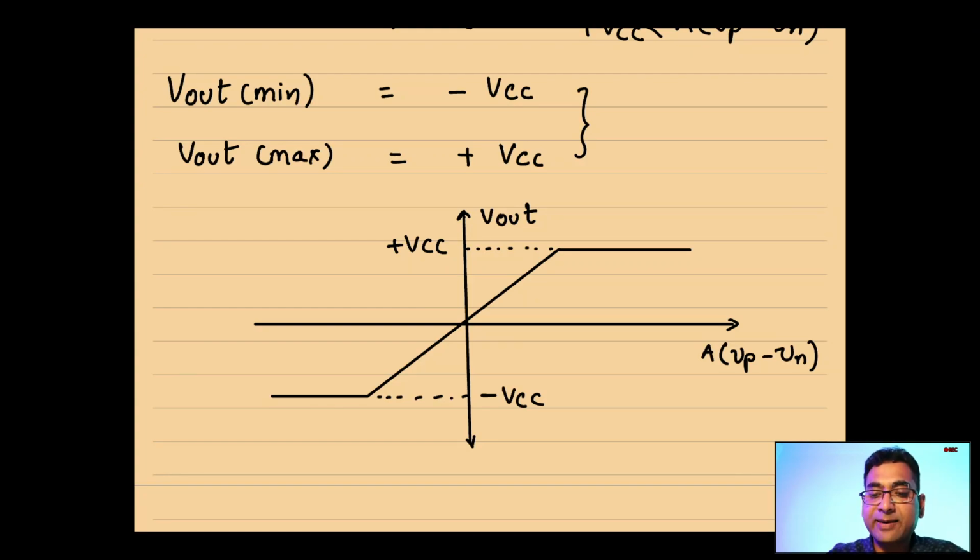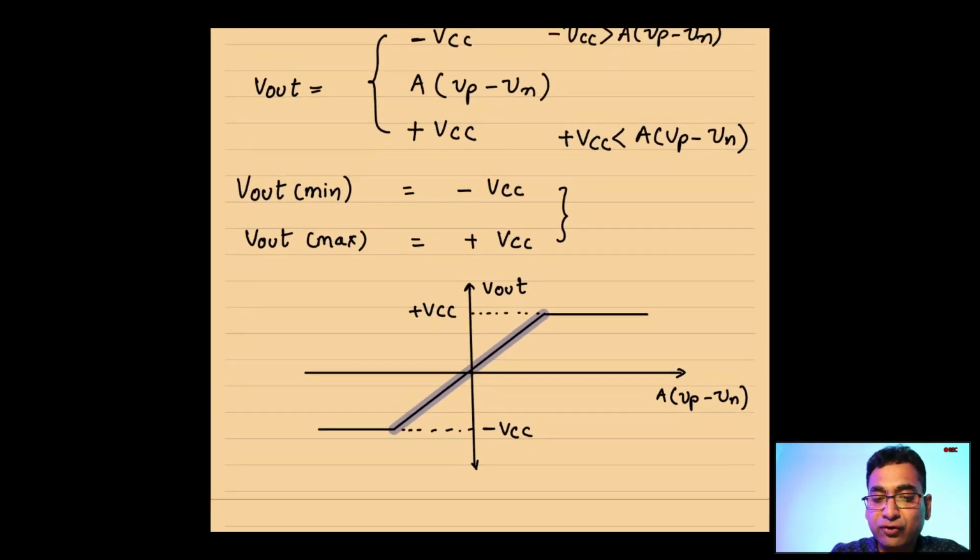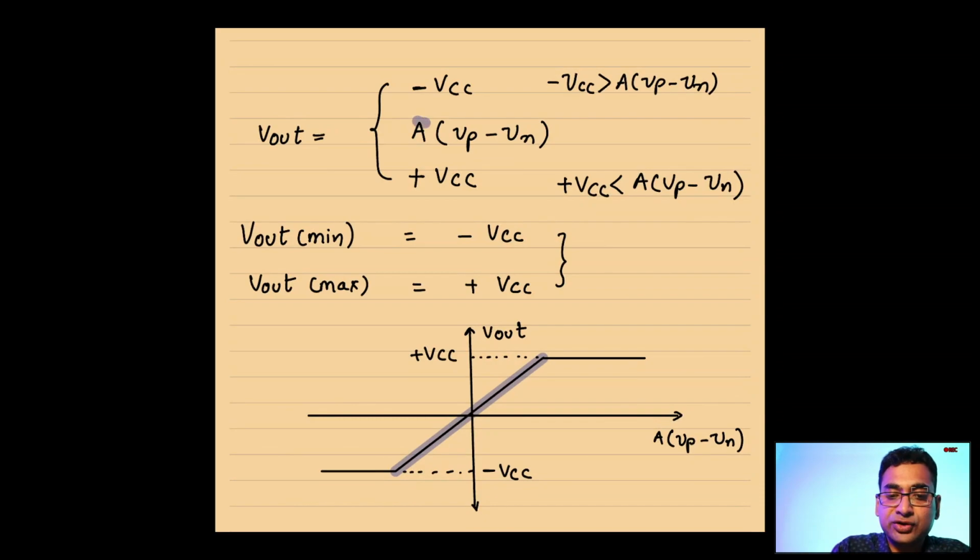What it means is the output, this component, this region of operation shown using the expression here, corresponds to the product of A times Vp minus Vn. Let's look at this one.